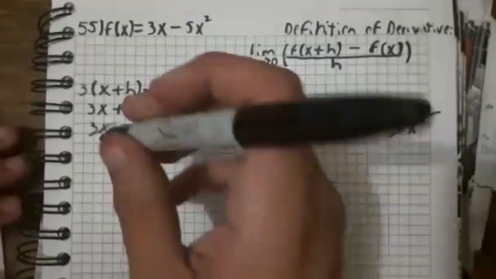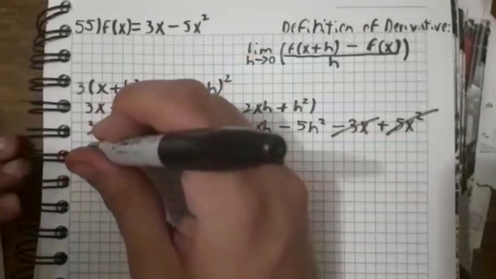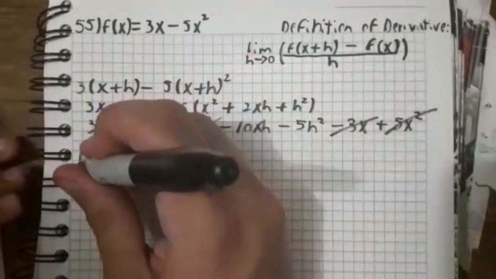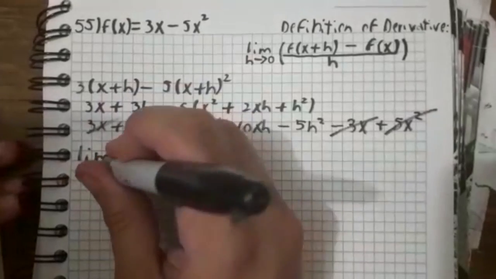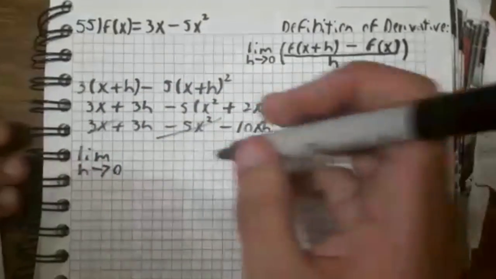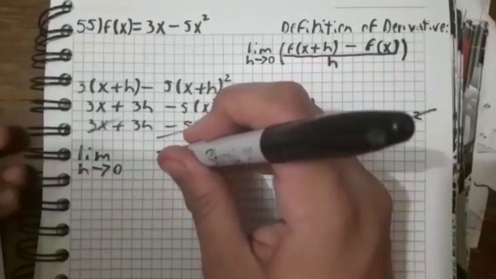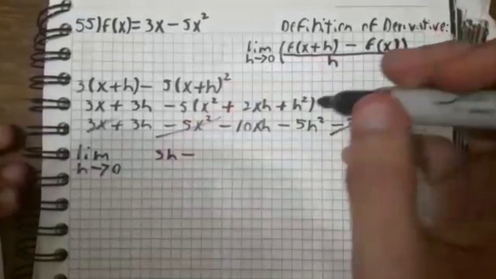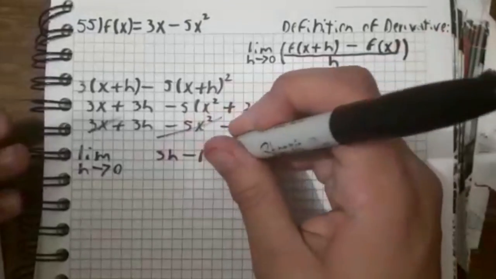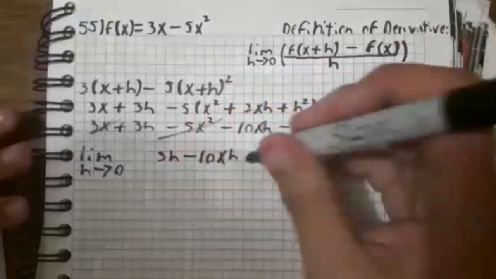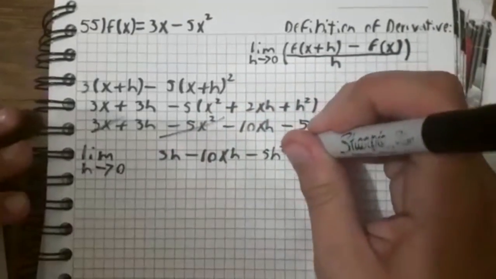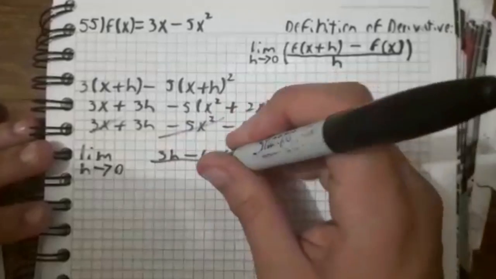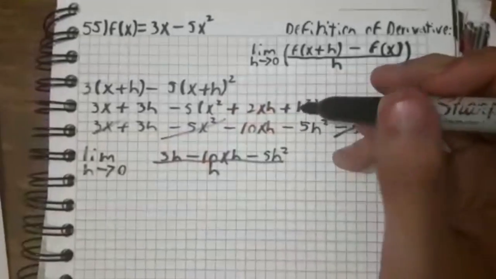Now, at this point we have the limit as h tends to 0 of 3h minus 10xh minus 5h squared over h.